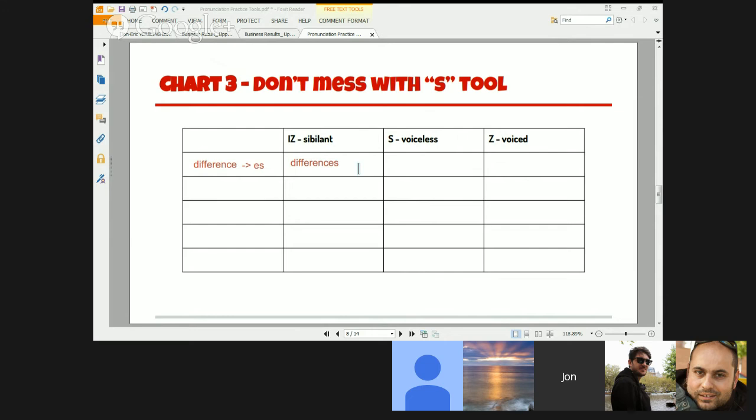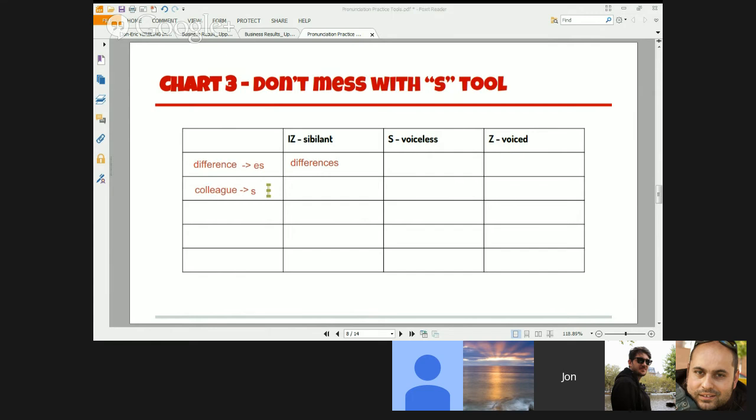Can you think of an example to go in the second or third from the text? The text that you just read? Are there any other plurals? What about colleague? Let's try that, shall we? Difficulties. Well, let's go with colleague first. Colleague becomes, you just add an S. Where do I put it?